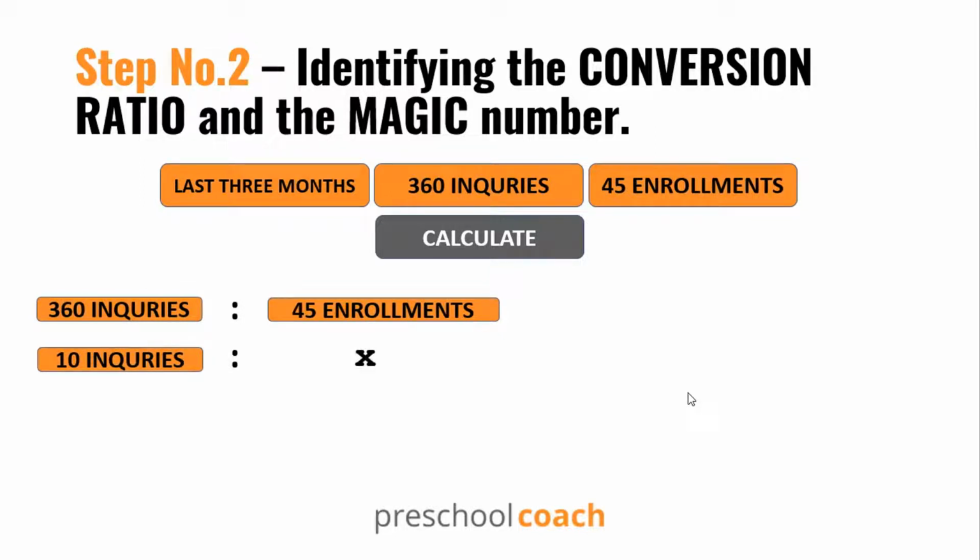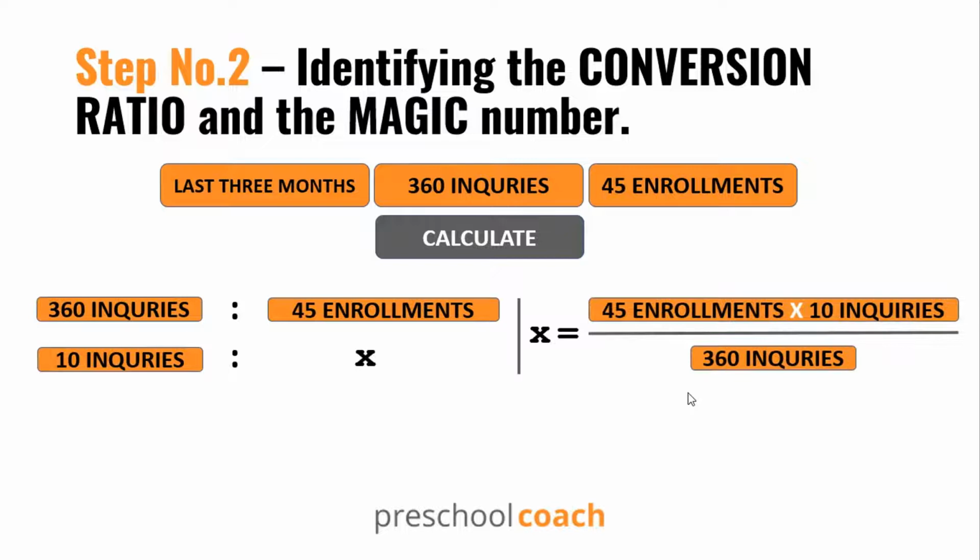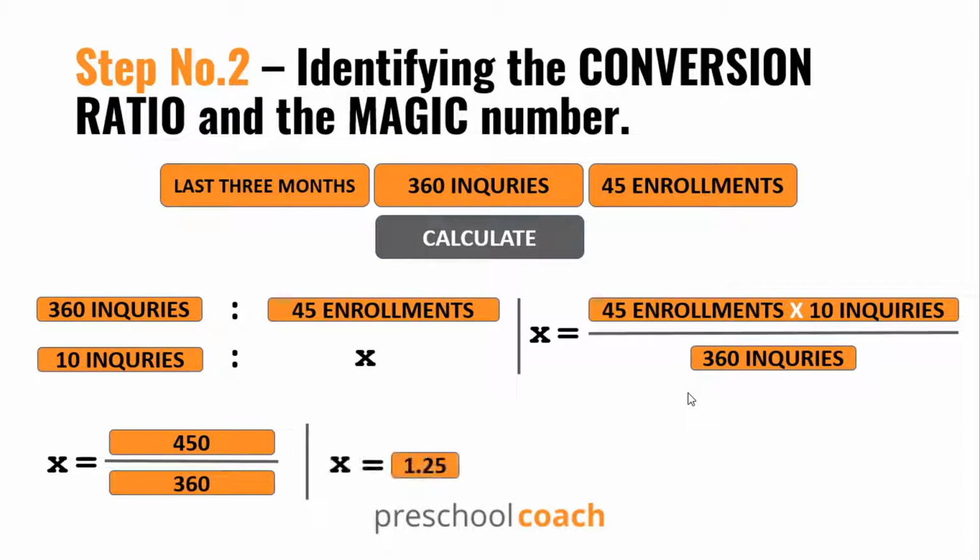So let's assume that number as X. Now let's cross multiply. So that gives X is equal to 45 enrollments into 10 inquiries divided by 360 inquiries, which is 450 divided by 360. That means X is equal to 1.25.